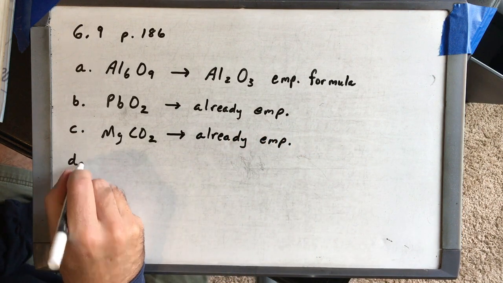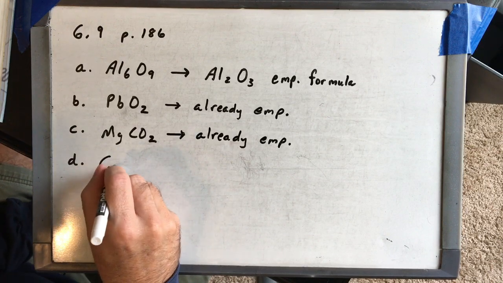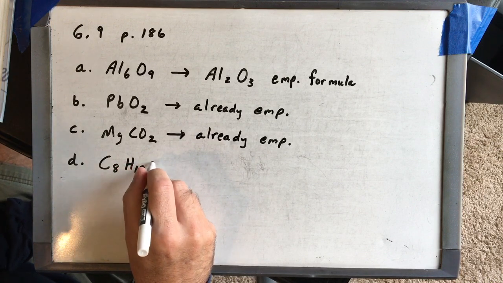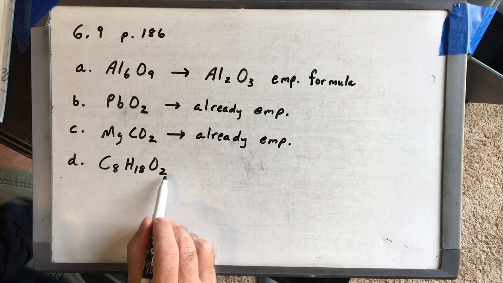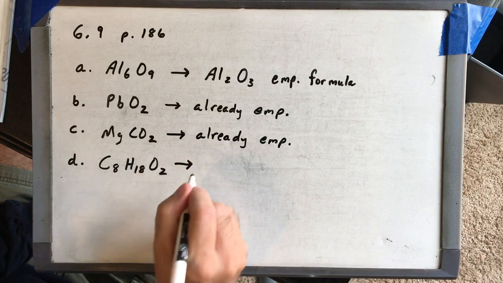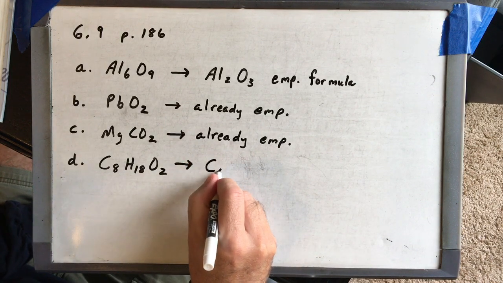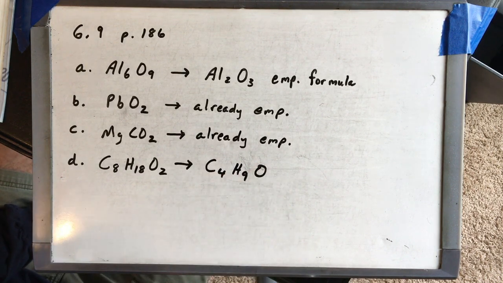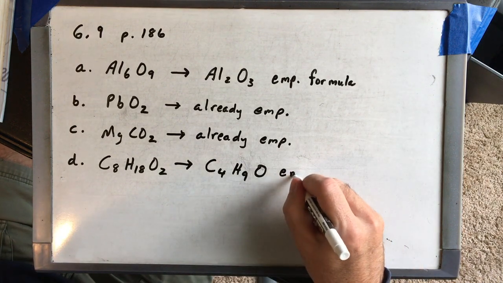No reduction needed. All right, for D, we have C8H18O2. Okay, that's not in its simplest form. We could divide each of those numbers by 2 and reduce it. The greatest common divisor of those 3 numbers is 2. So we could reduce that down to C4H9O. So that's our empirical formula.